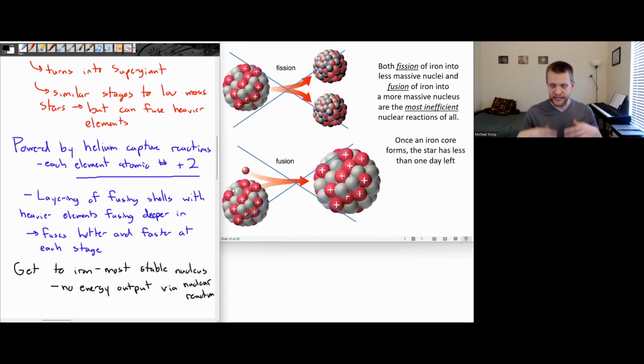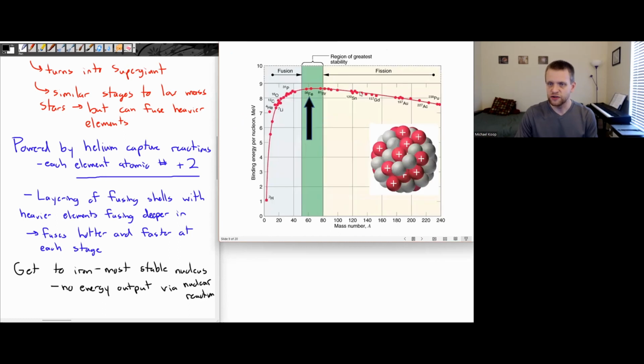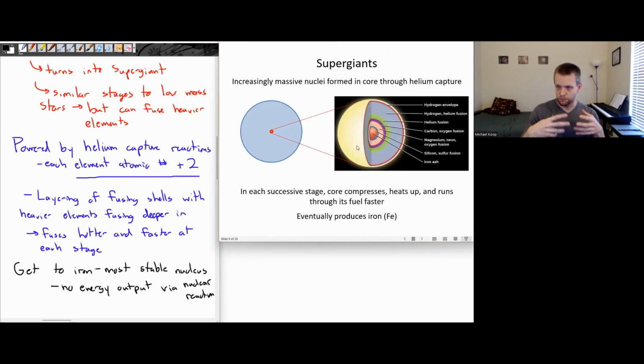Okay. And again, when I said earlier that each of these reactions compresses the core, heats up, and runs through its fuel faster, these high mass main sequence stars might fuse hydrogen in their core for a few tens of millions of years, maybe 100 million years or something like that, depending on the mass.